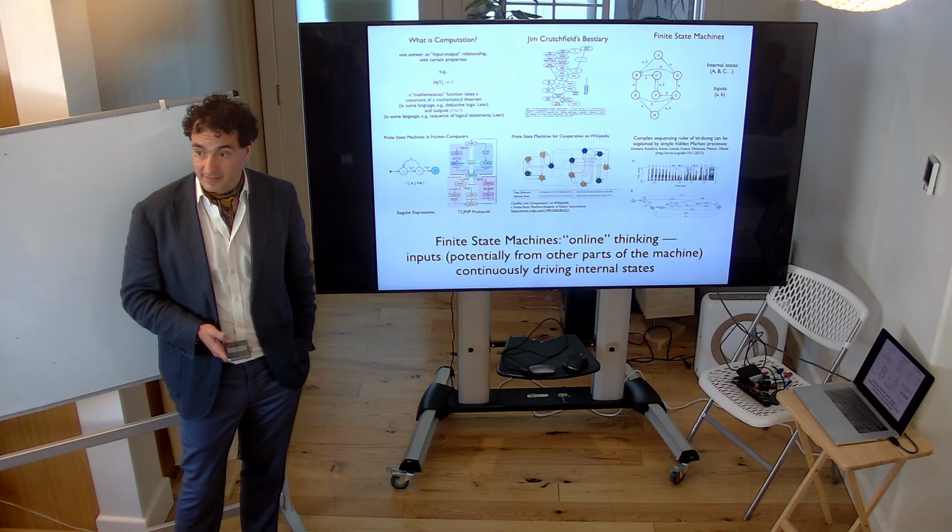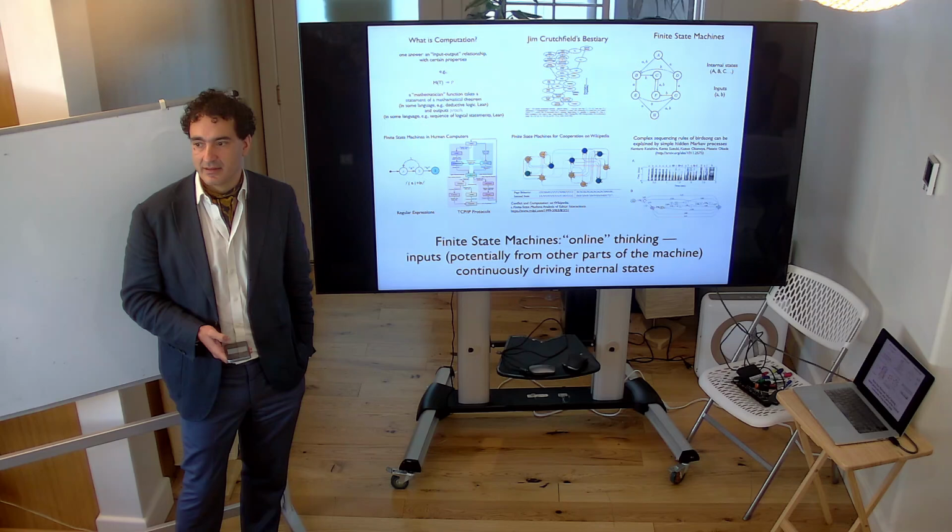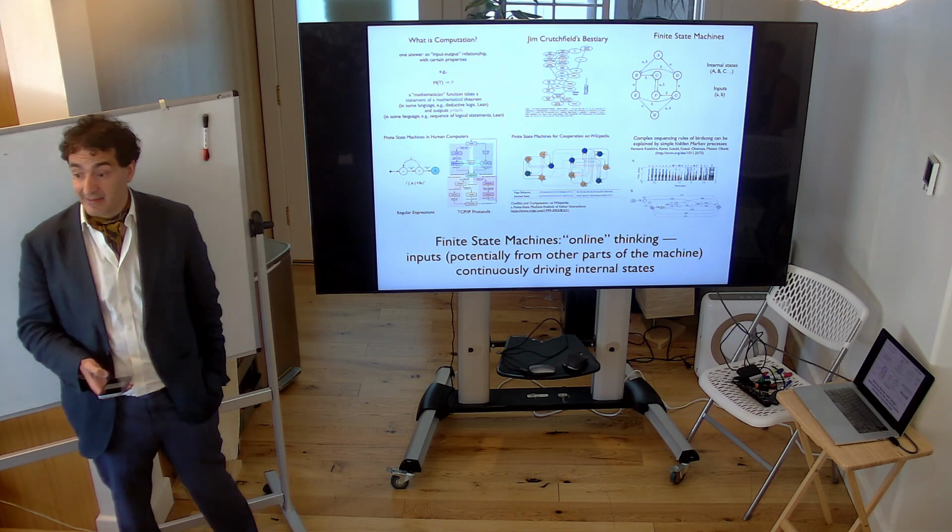And maybe more generally with finite state machines, since it's not a very expressive language, once you want to capture anything, you'll just get these massive, huge graphs. Yeah. And that is already a difference between what I think of myself as online thinking, in that it would be a very inefficient representation. Yes. Yeah, I think that's exactly right, Scott.